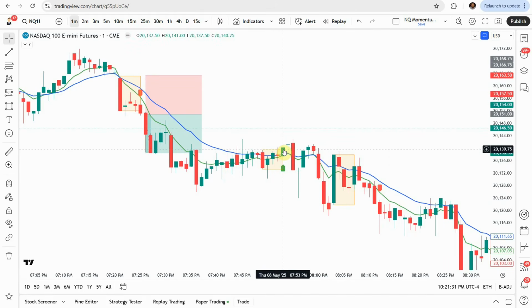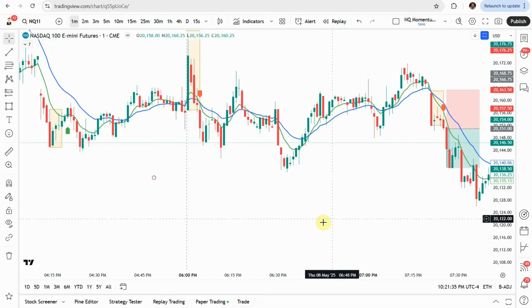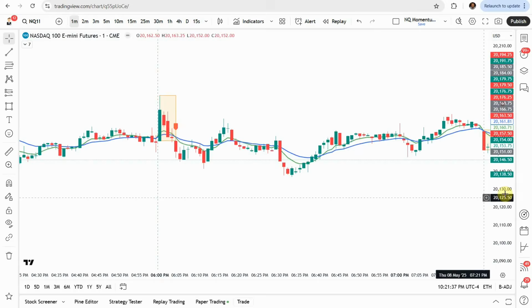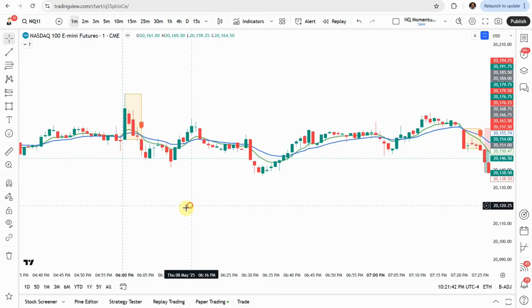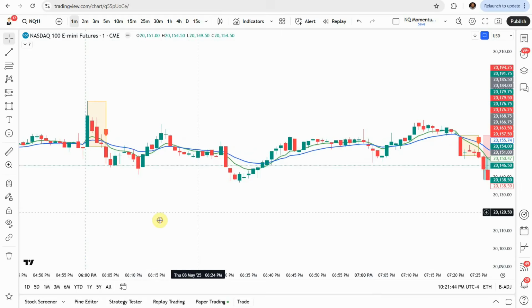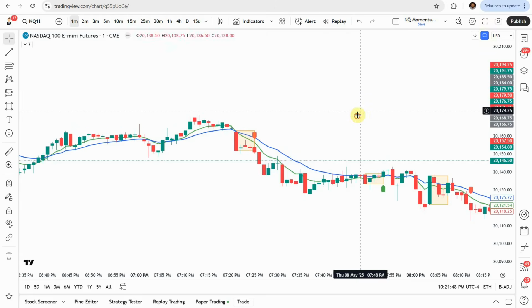Right here, this one would have failed. This one, you would have taken profit. So it's all about the numbers, getting the numbers in your favor, basically by identifying high probability setups. And that's what this does very well.